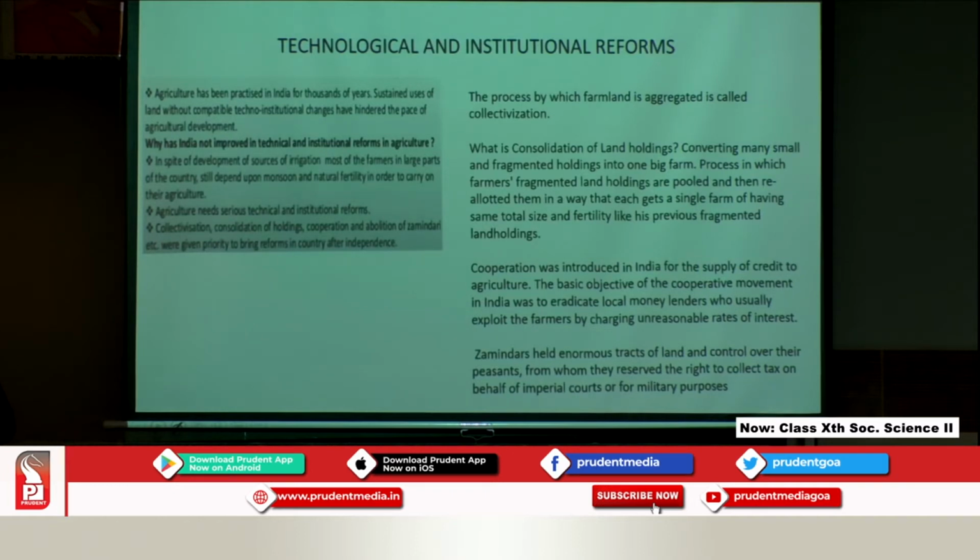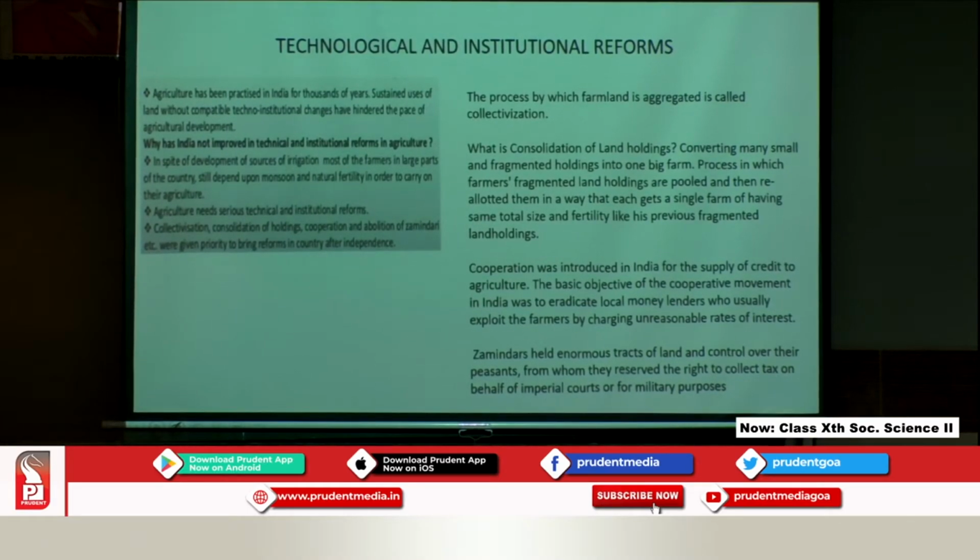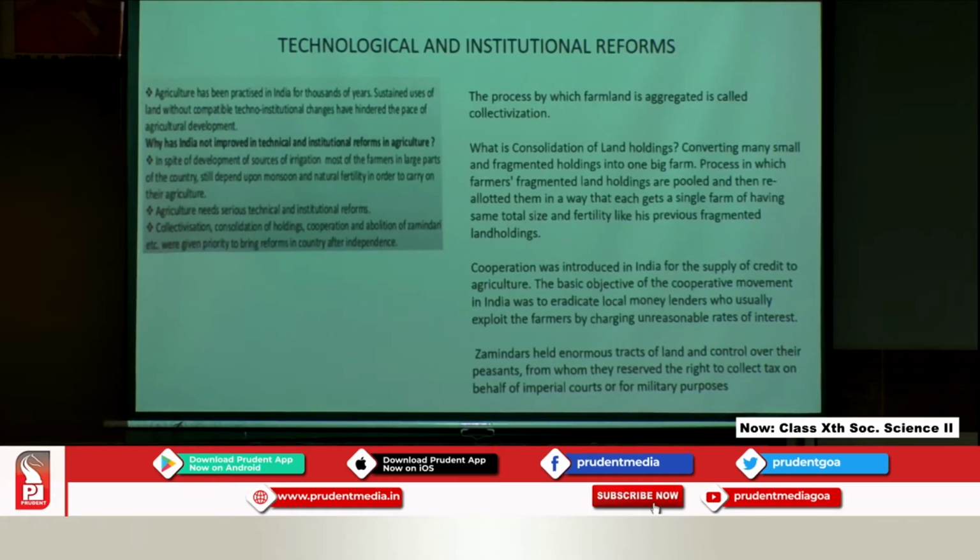The basic objective of this cooperative movement in India was to eradicate the local money lender who usually exploits the farmers by charging them unreasonable rates of interest. Once the government stepped in to make the cooperative movement more active, farmers stood to benefit. But this needs to reach out and seep into the poorest of the poor farmers.